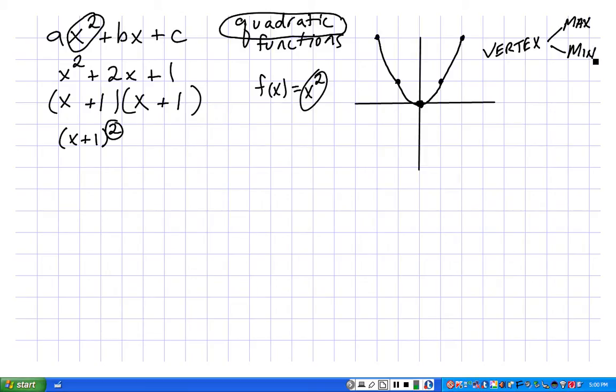The vertex of a quadratic, or the vertex of a parabola, the U shape, is what we're talking about. The graph of a quadratic yields a parabola.